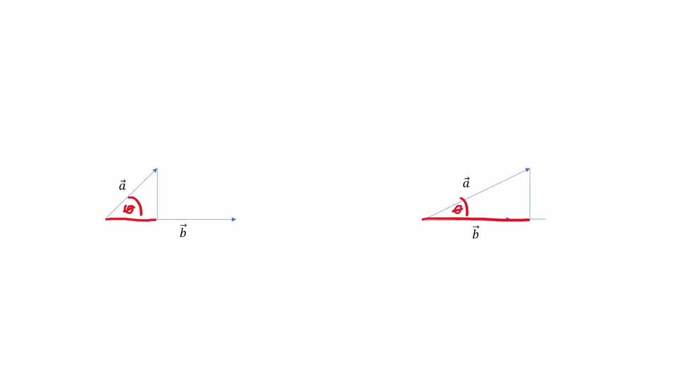Okay? Now, if we wanted to determine a formula for the scalar projection of A on B, we could say that the cosine of theta is equal to the scalar projection of A on B, which is the length of this line, over the magnitude of the vector A. That's like saying cos theta equals adjacent over hypotenuse.